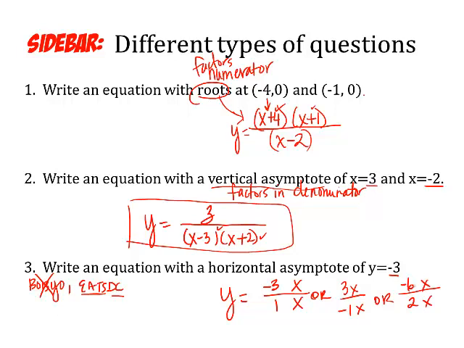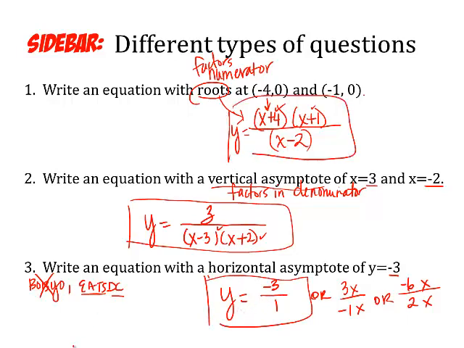Doesn't matter as long as the coefficients divide to be -3. Any of those three are possible answers. So with these types of questions, there are lots of possible answers, but there are key things that I'm looking for. Make sure you read carefully to answer the appropriate question, and then box in your final answer. Okay? Box that answer too.